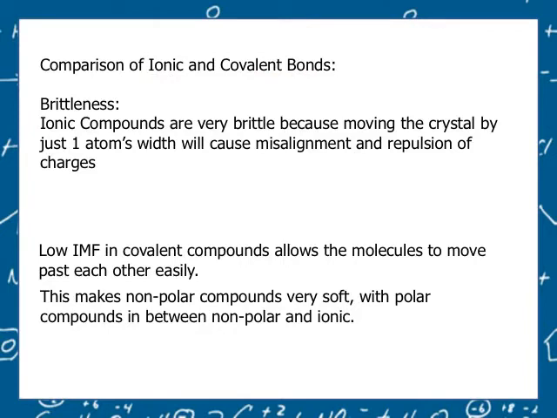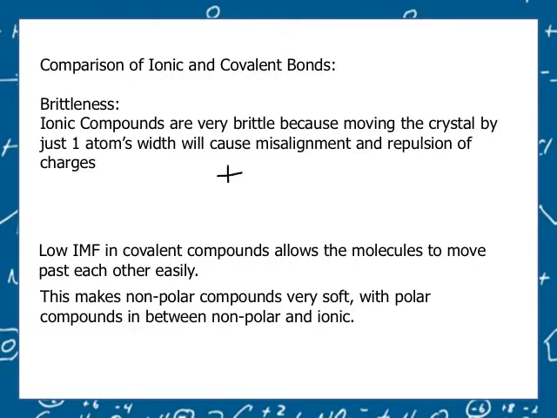And the first one I want to talk about is brittleness. Ionic compounds are very brittle because moving the crystal just one atom's width will cause a misalignment of the charges, and you will experience repulsion instead of attraction.